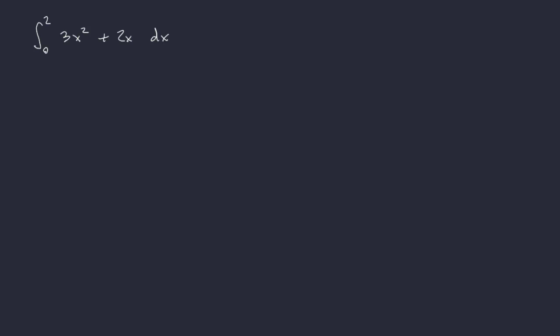So let's check it out. If we have the definite integral from 0 to 2, we're going to start by taking the antiderivative. The antiderivative of 3x squared will be 3 times 1/3 x cubed, then plus the integral of 2x, which will be 2 times 1/2 x squared, and we'll be evaluating this between 0 and 2.